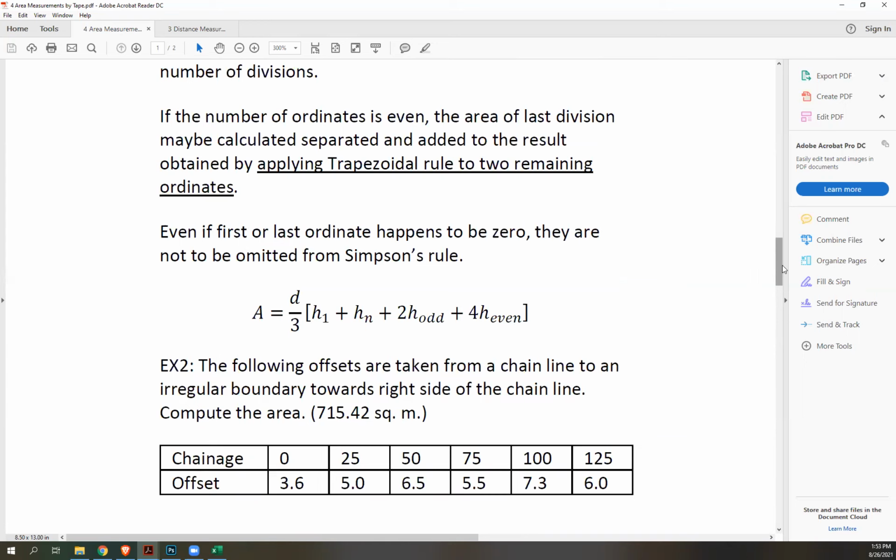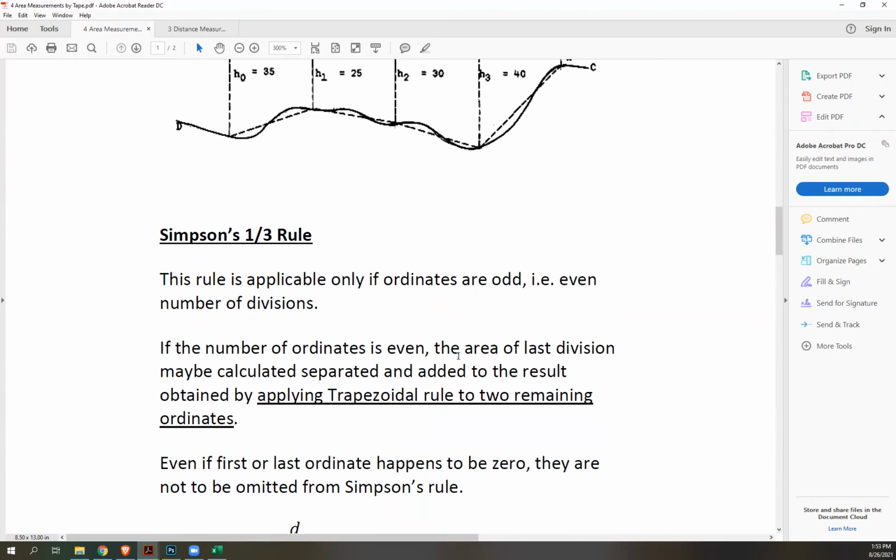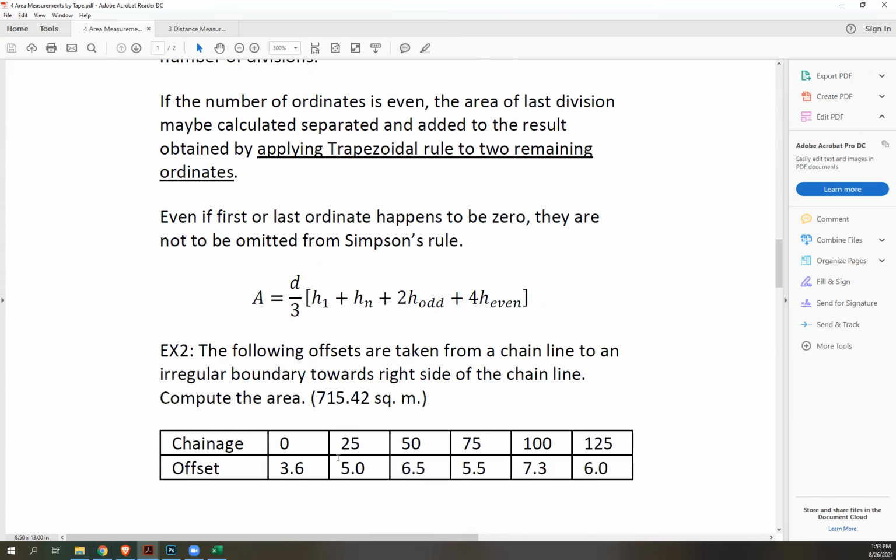So the first thing we need to do, if we're using Simpson's 1/3 rule, is to check whether your divisions are odd or even. We can only do Simpson's if ordinates are odd, or again, an even number of divisions.